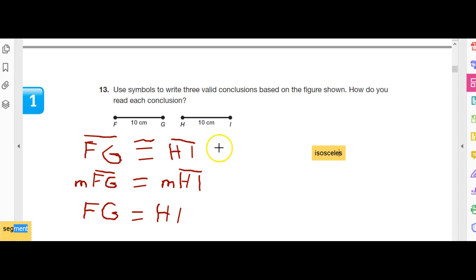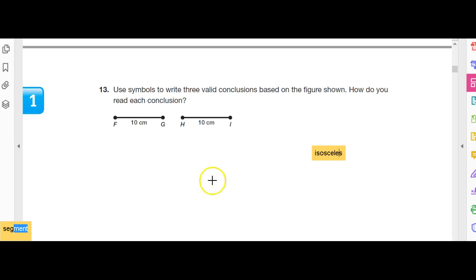You would write that out. I'm not going to write it, but you should. Segment FG is congruent to segment HI, and then you would say the measure of segment FG is equal to the measure of segment HI, and then you would say the distance between points F and G is equal to the distance between points H and I. Okay, that's how you would do that.